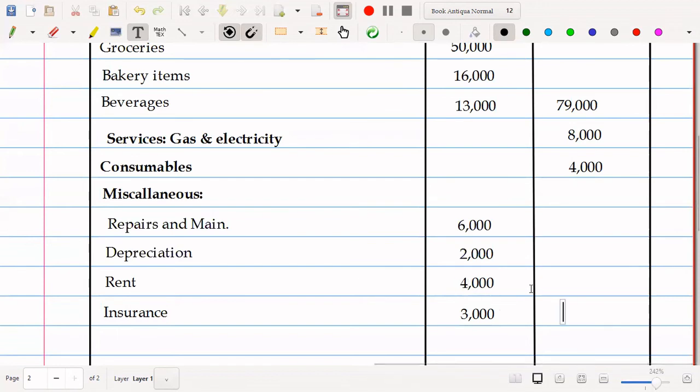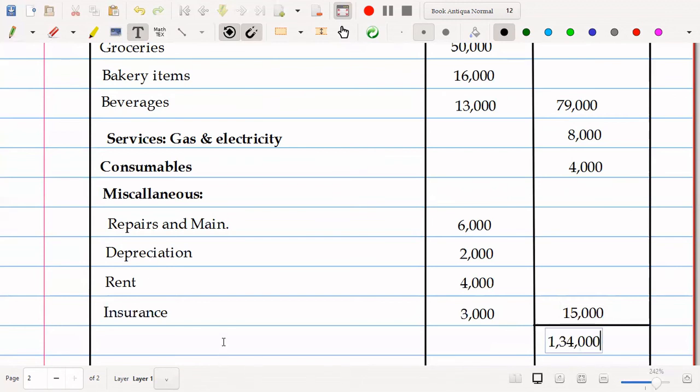It comes to 15,000. Now total all this. When we total this, the amount will be 1,34,000.